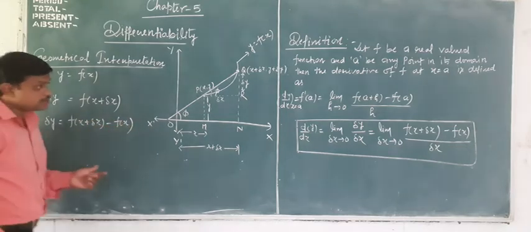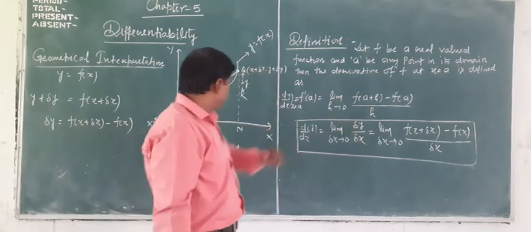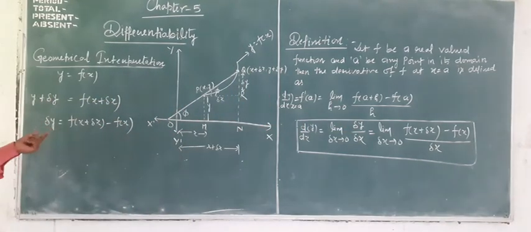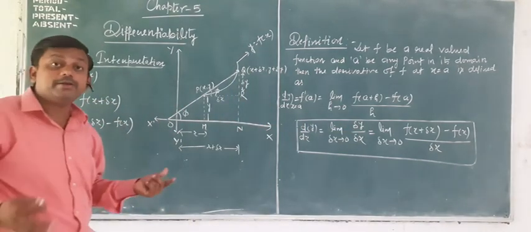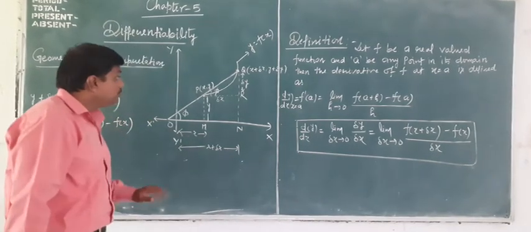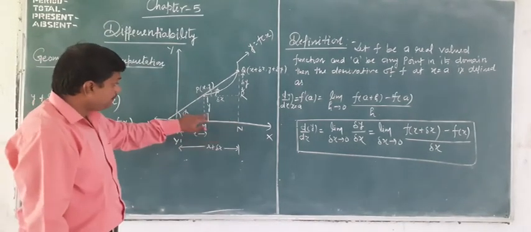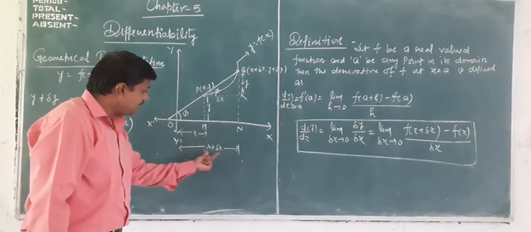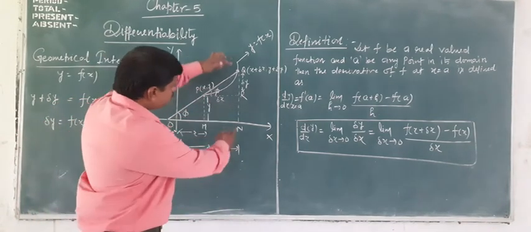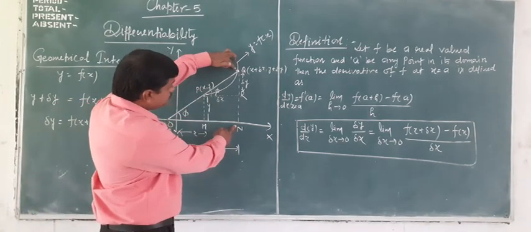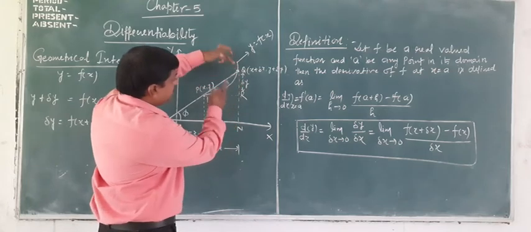Now this is x, this is x plus delta x, this is y, this whole is y plus delta y, so this is also y and this is delta y.